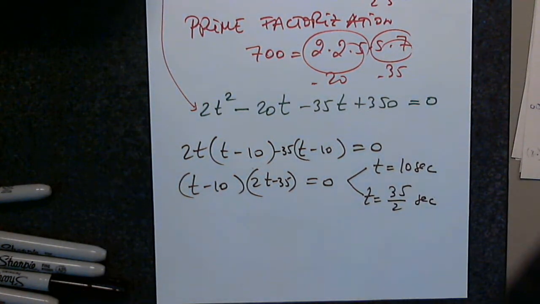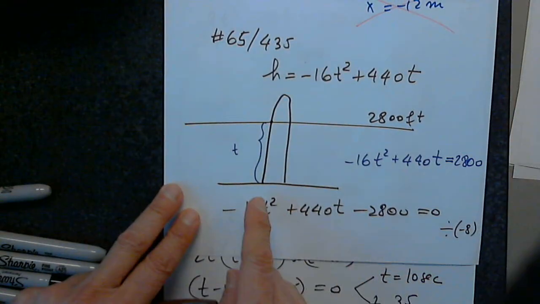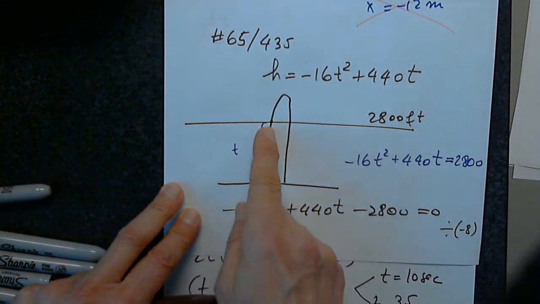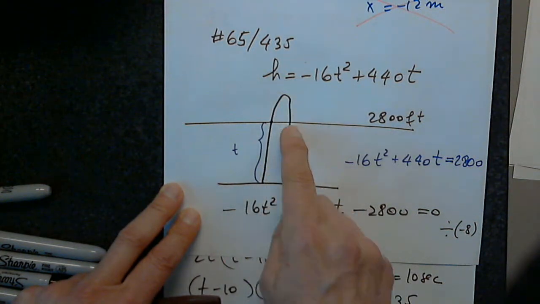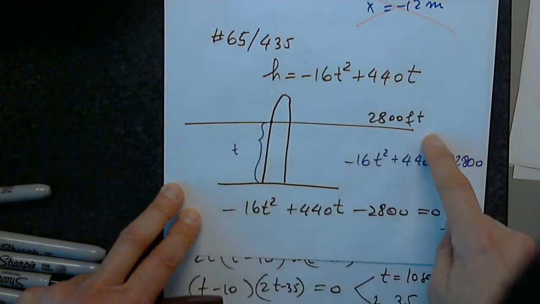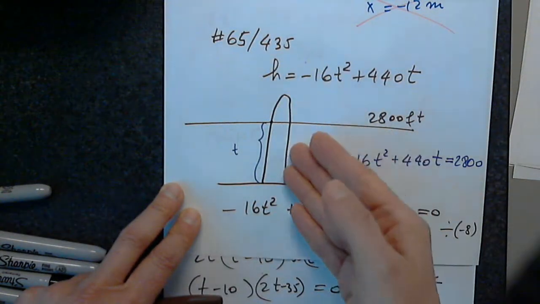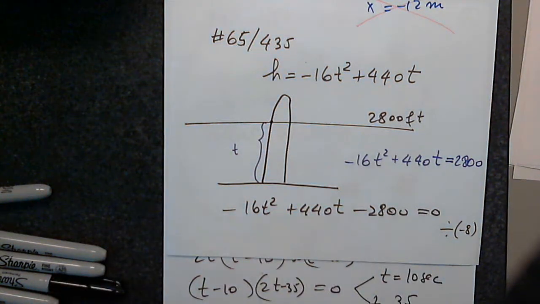So now the question here is asking us to explain why two answers are obtained. Ten seconds. It crosses the altitude of 2800 again on its way back to the ground. So this is the 10 seconds we are talking about.